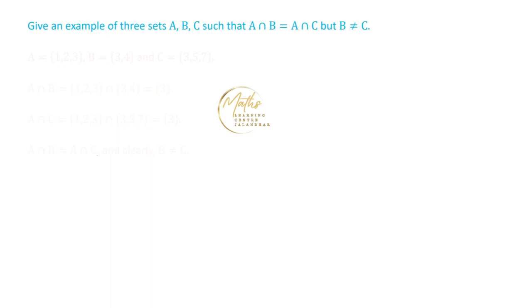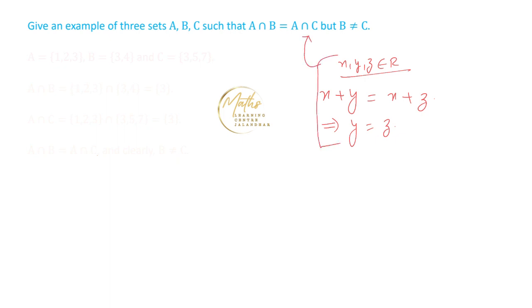If we have x plus y equal to x plus z, where x, y, z are real numbers, then this implies y is equal to z. But this kind of result does not hold for the intersection of sets. So we are going to give an example.